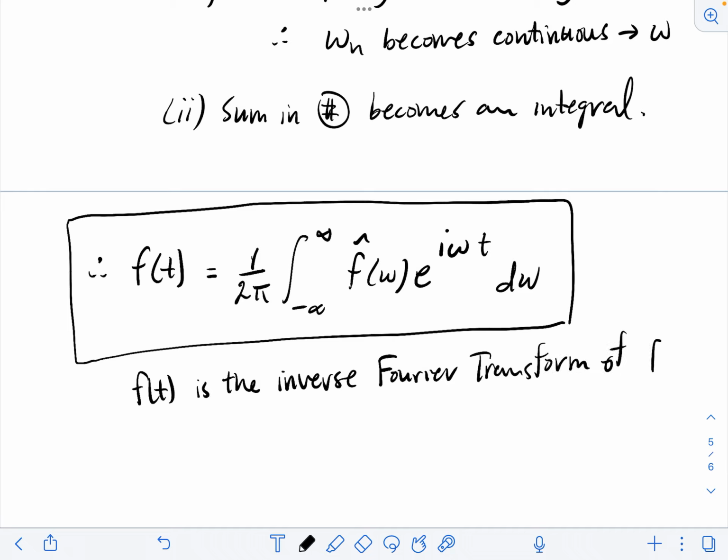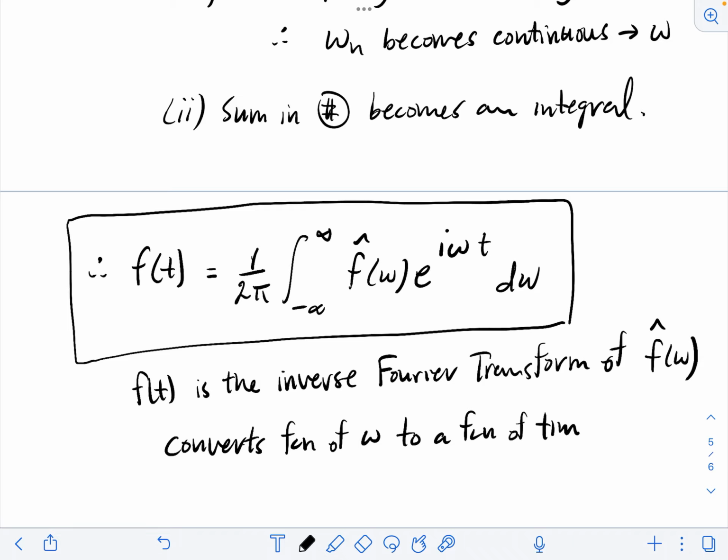So this allows us to go from a function of frequency to calculate a function of time. So this converts a function of omega to a function of time. That's the inverse Fourier transform.